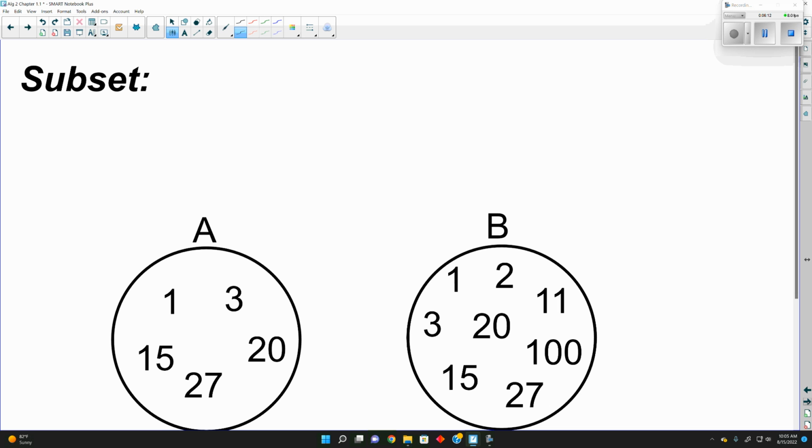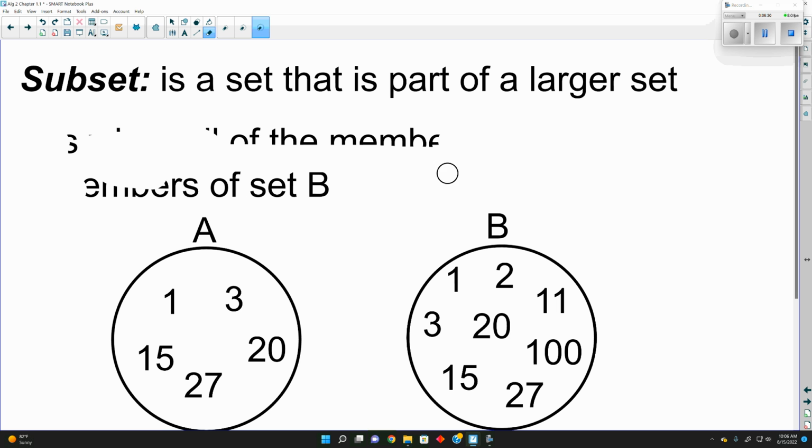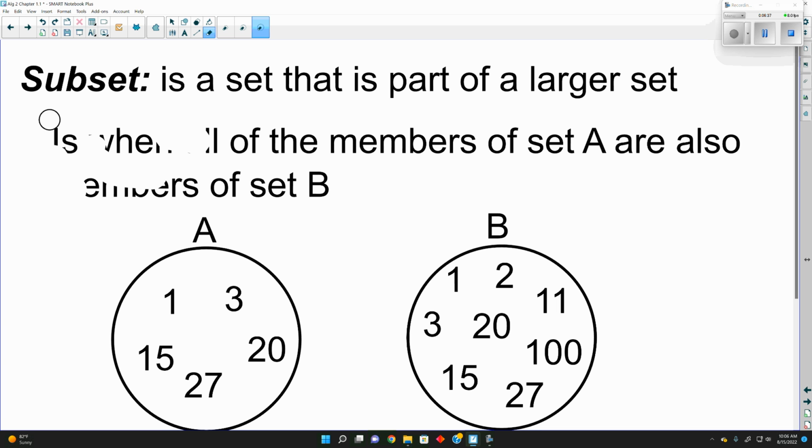All right, now we have something known as subsets. A subset is a set that is part of a larger set.